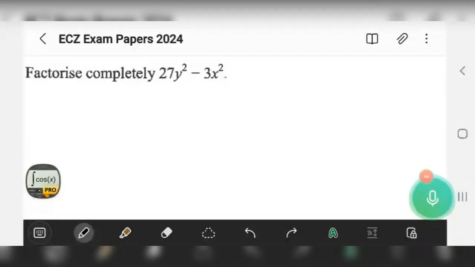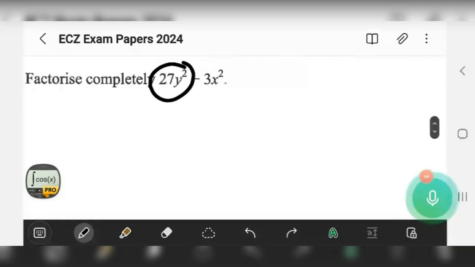So before we break it down to deal with the difference of two squares, do we have something common that can go into both 3x squared and 27y squared?